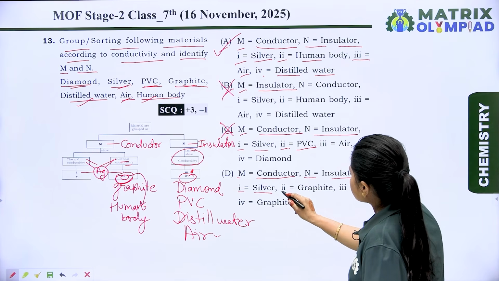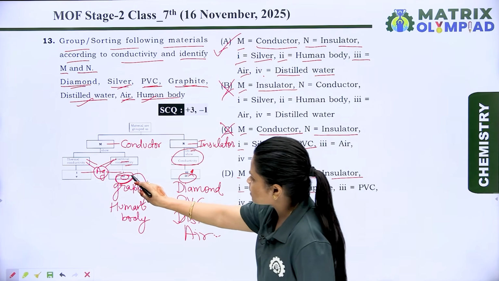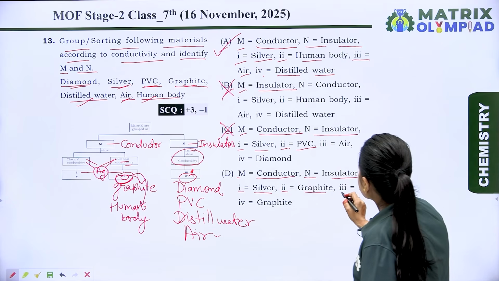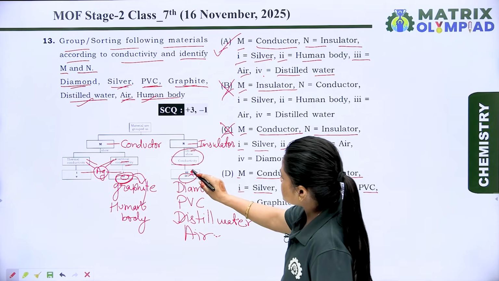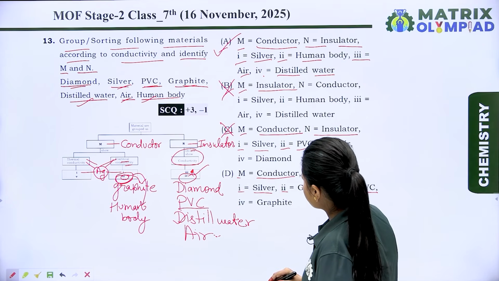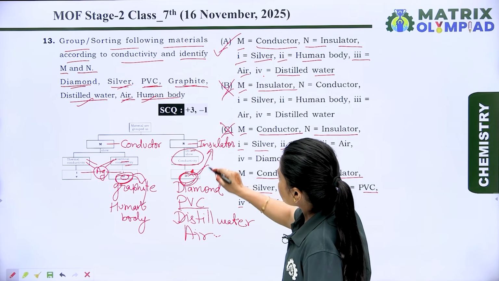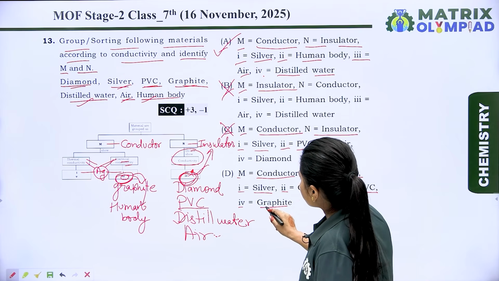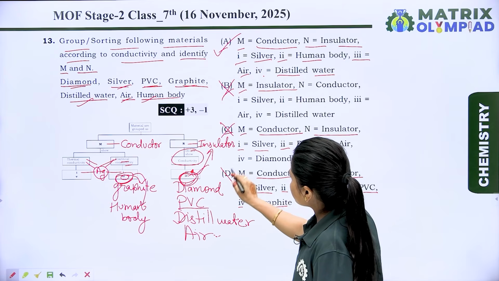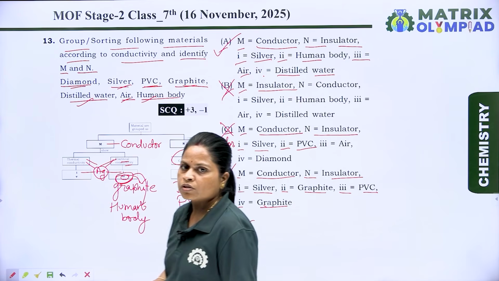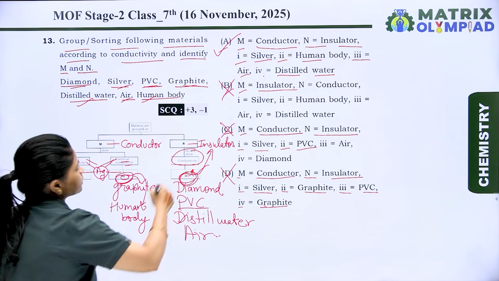First silver, second graphite. Yes, second can be taken graphite. Third PVC. Yes, third can be taken as PVC. Fourth graphite. No, fourth is insulator, so graphite is not taken here, so D option becomes wrong. So the correct answer is option A.